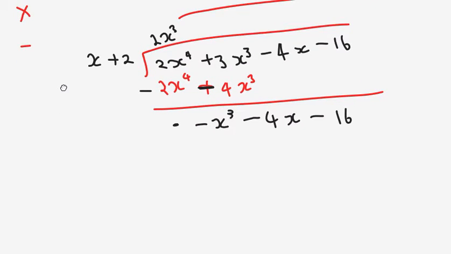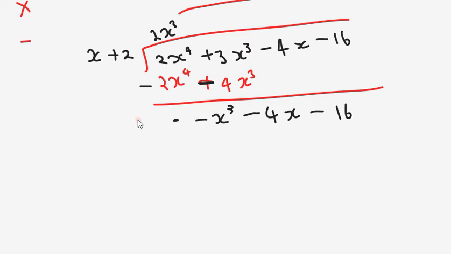We keep going again. Now we're saying, how many times does x go into this? Okay, let me erase this because it's going to interrupt us. How many times does x go into this? It goes negative x, and then because here it was 2, remember if you're dividing you have to subtract the powers or the exponents.